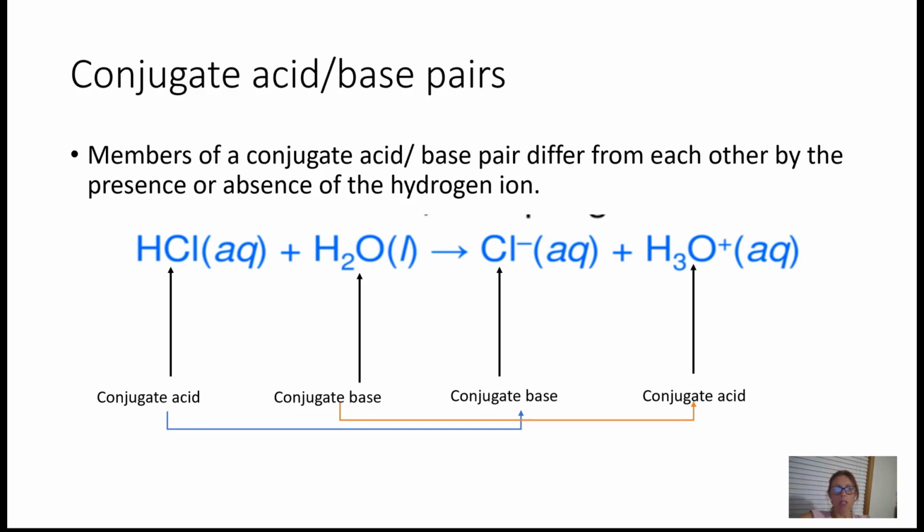Hydrochloric acid is our conjugate acid, and its matching partner on the other side is the conjugate base. You can see the difference, HCl on one side, Cl- on the other. It's lost, or donated, that hydrogen ion. The same can be said with the water. The water is H2O, and you can see that it has gained a hydrogen ion, making it the hydronium ion.